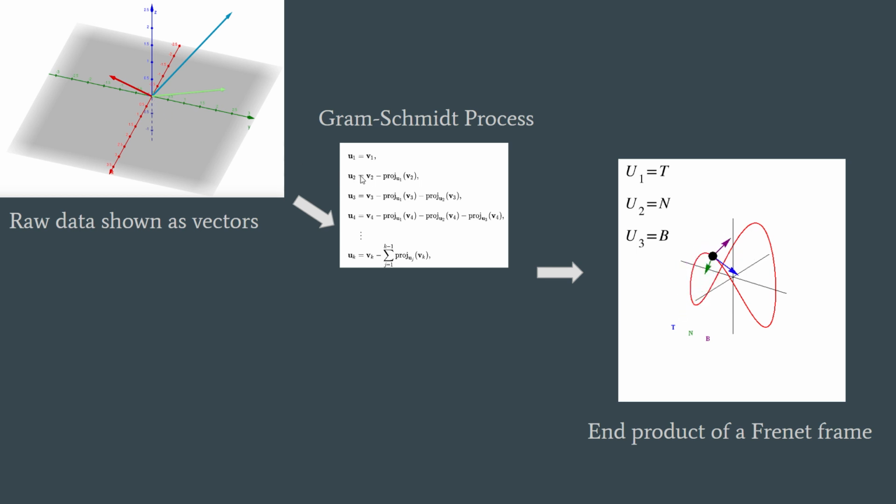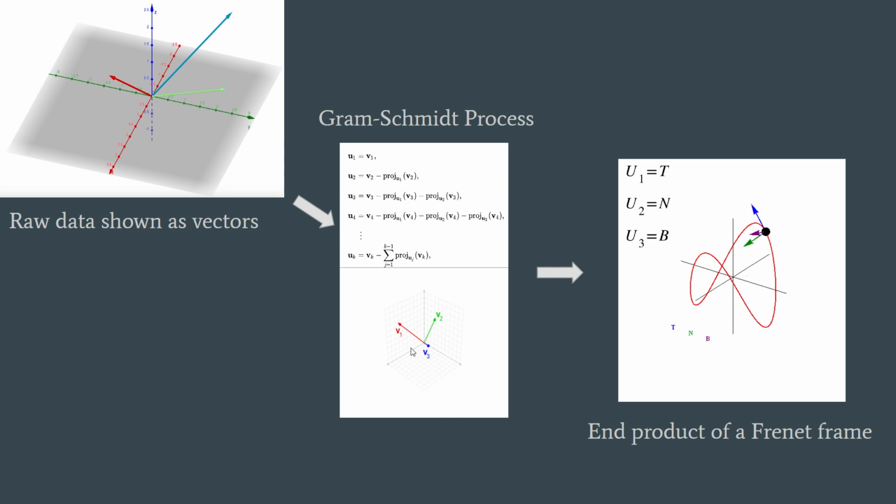For this one right here, we would project it onto the tangent vector and subtract the projection from this vector, and we would get an orthogonal vector. We would do the same thing with this one, the only difference being we would project it onto both the original vector and the new orthogonal vector of our second one.